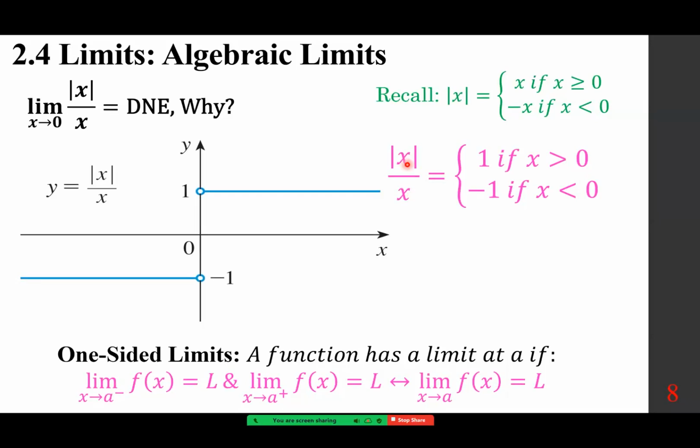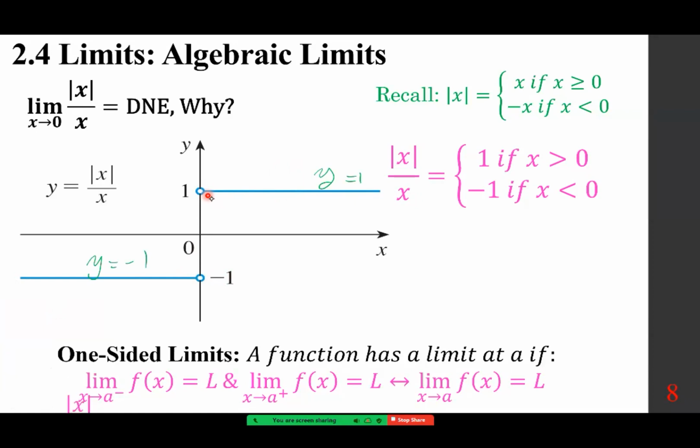So this is equal to 1, that means a half line, and of course the endpoint is not included. This is the half line y equals 1. This is the half line y equals negative 1. And both of them have holes here.